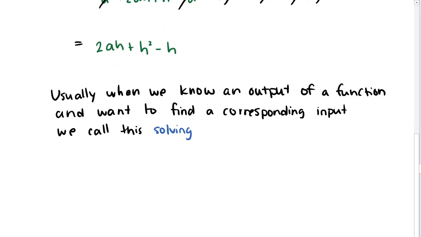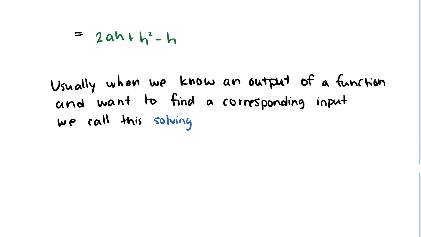For example, let's say I want to solve g of k is equal to 3. This is saying that I know my output is equal to 3. Find the corresponding input, the value of k, that gives me the output of 3.